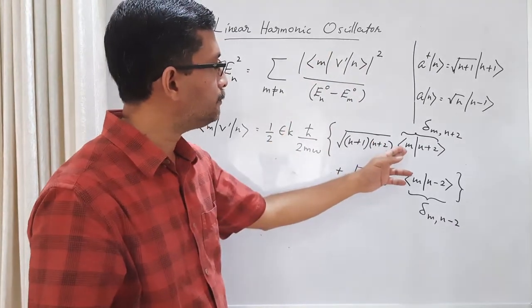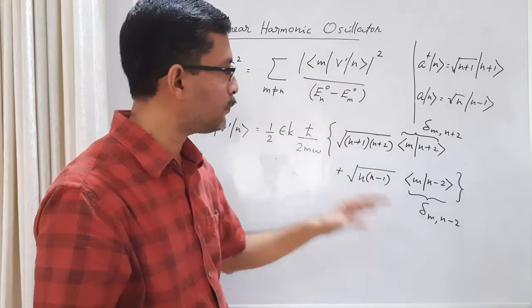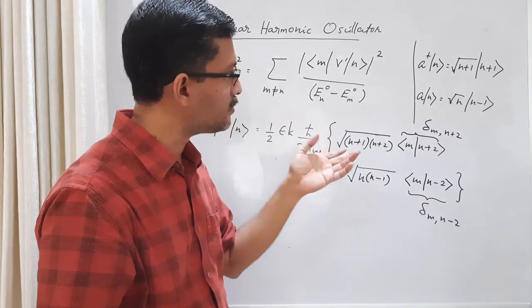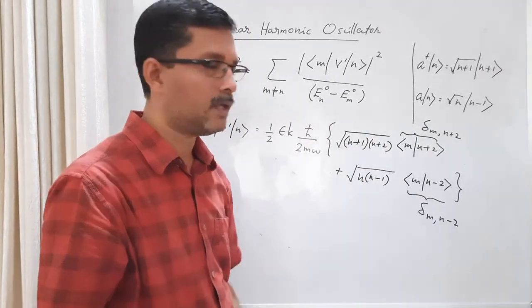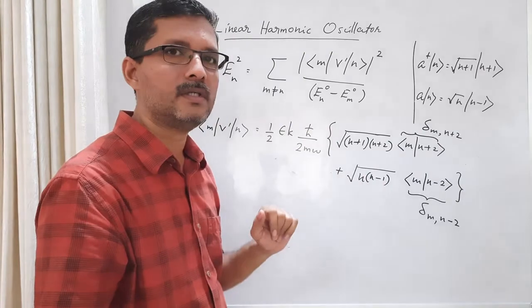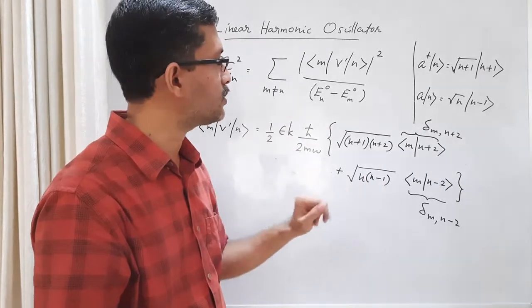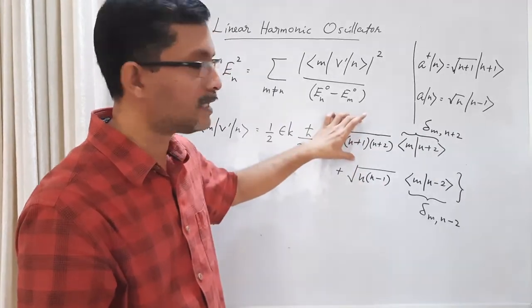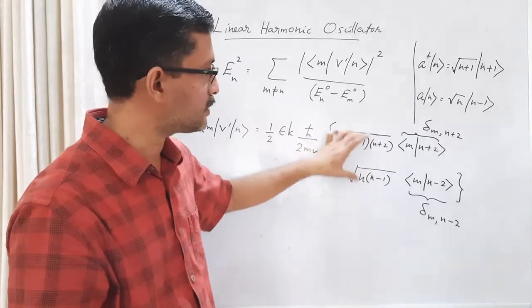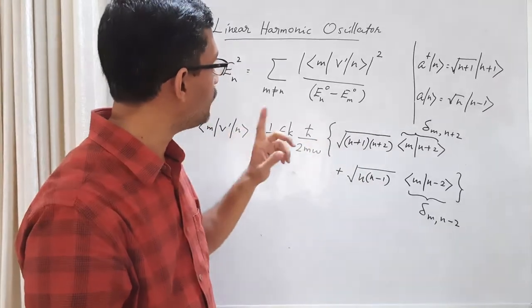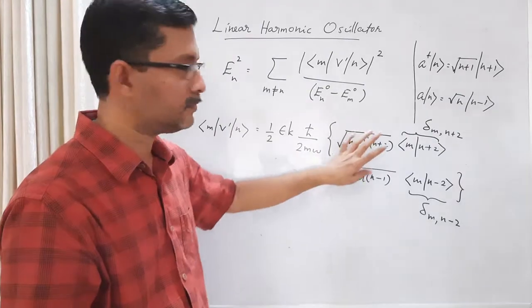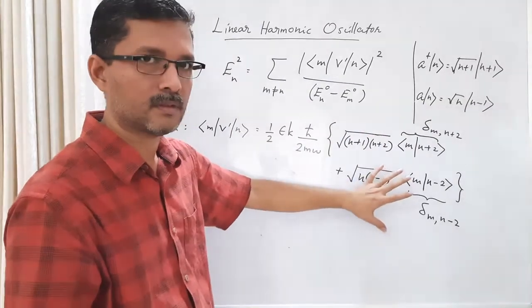So when you multiply, there will be 4 terms, but in the 4 terms you can write out if you want. You can show that 2 terms will be 0, only 2 terms will be non-zero, and the non-zero terms will be exactly like this one. So basically what you have is the square of this term plus the square of this term.